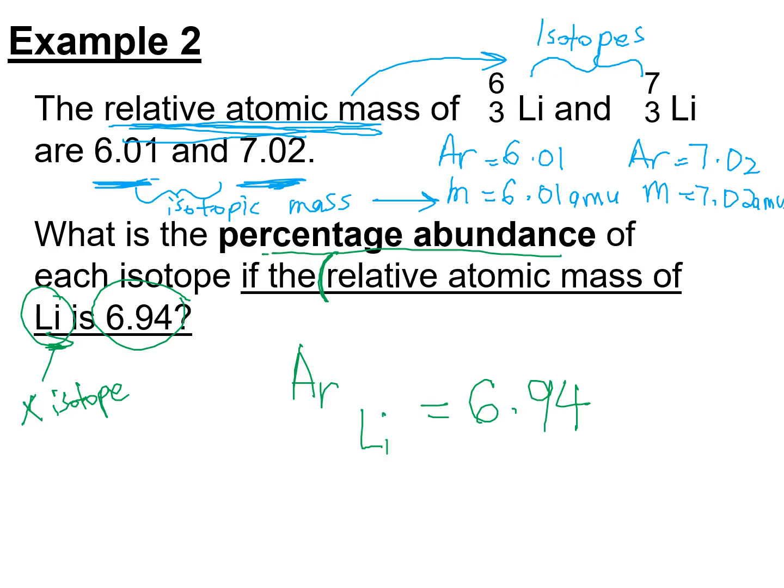Ni barulah betul-betul relative atomic mass. Yang dekat atas ni, this one is not a real relative atomic mass. You can just safely assume that this is actually isotopic mass. Okay. So macam mana cari percentage abundance for each of the isotopes?